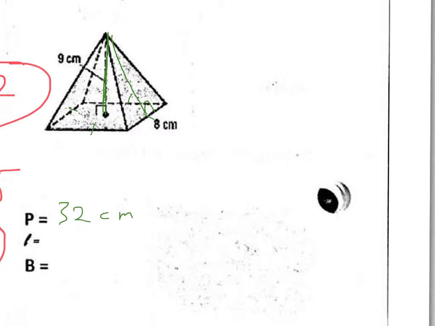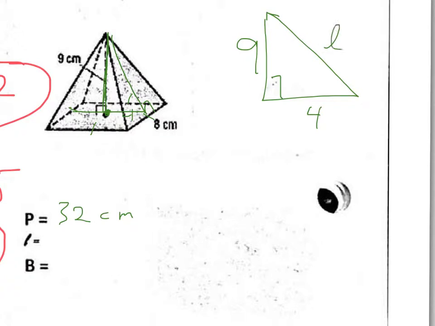Now what we do end up with is a triangle, which if the height is coming from the center here, if the whole thing is 8, all the way across would be 8. Half of that would be 4. So what we end up forming is a triangle with a height of 9. It has a length here of 4, and then this is the slant height that we are trying to figure out. Notice that's a right triangle.